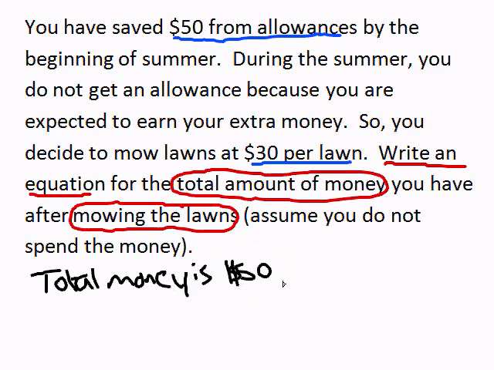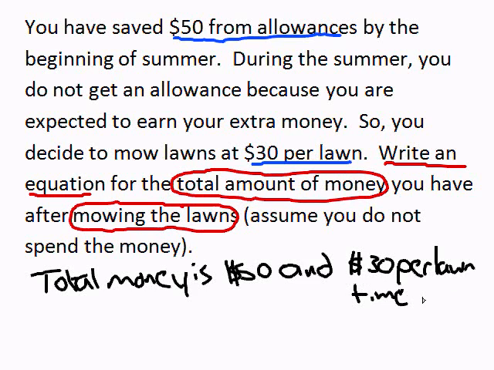I'm not going to multiply that to anything. What I am going to do is I know I have $50, and I'm going to add to that $30 per lawn. Now, what we don't know is the number of lawns that were mowed. So what I'm going to say is $30 per lawn, but there could be any number of lawns, so I'm going to go $30 per lawn times the number of lawns.